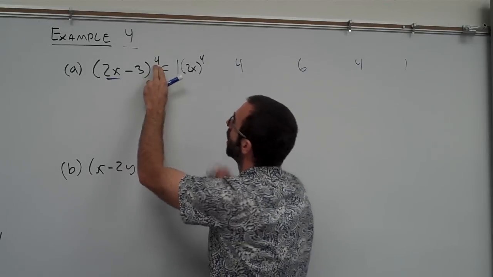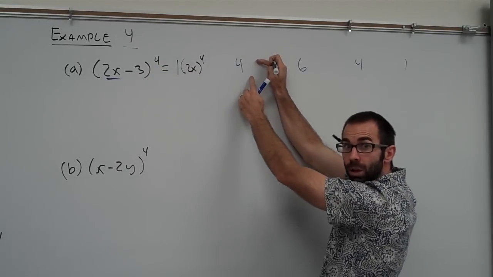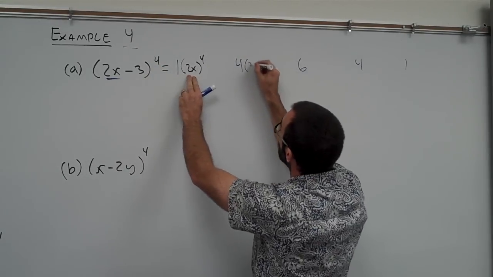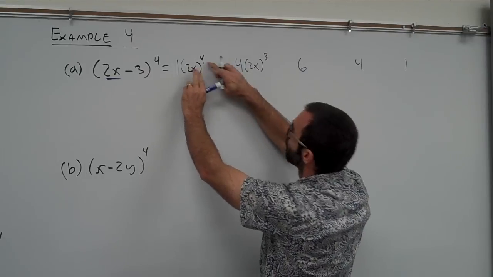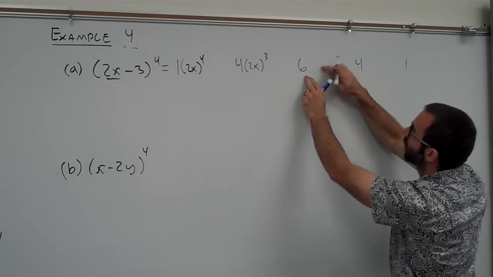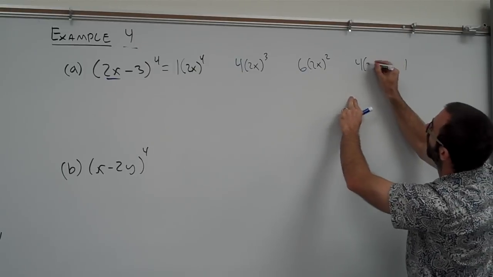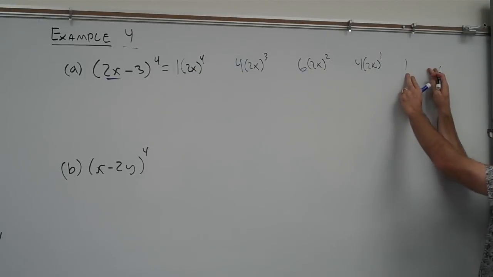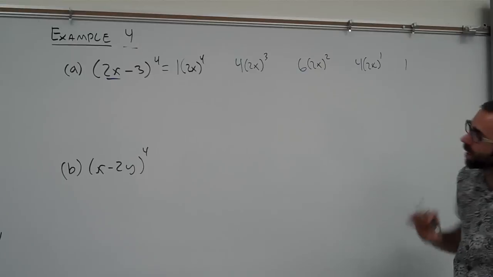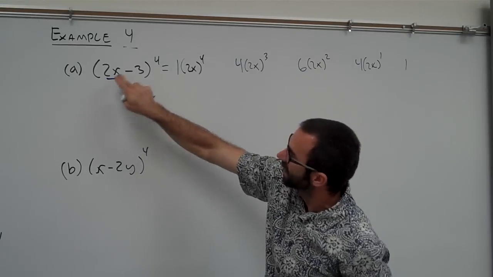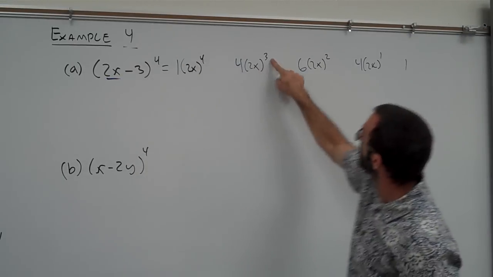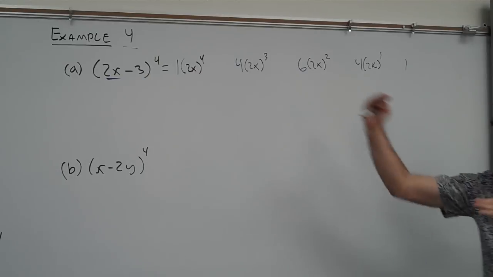Then we do 1 less: 2x to the power of 3, 2x to the power of 2, and then 2x to the 1. We don't put the 0 there because it's going to be 1. So same thing, take the first term: 4, 3, 2, 1. We'll clean that up next line.